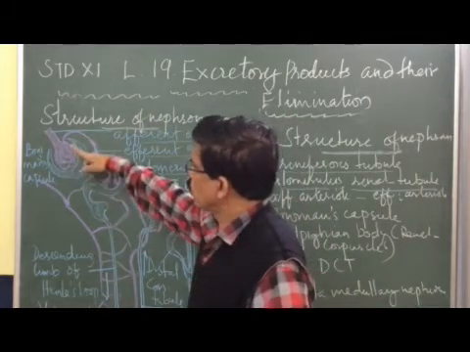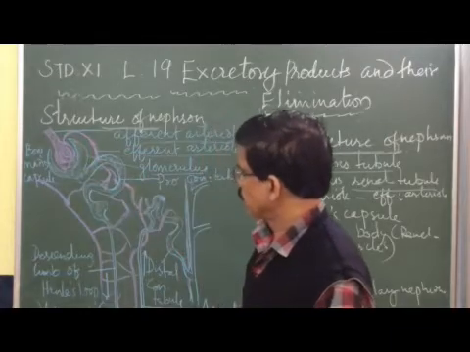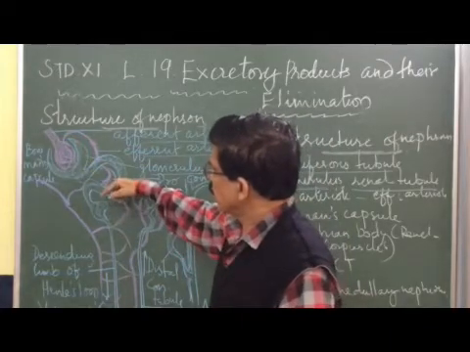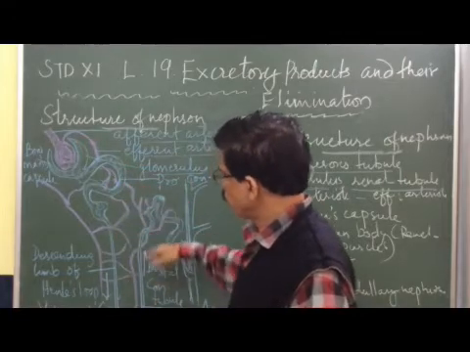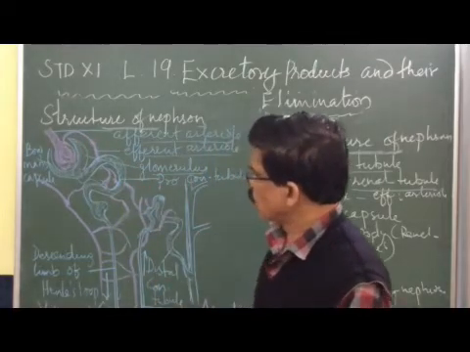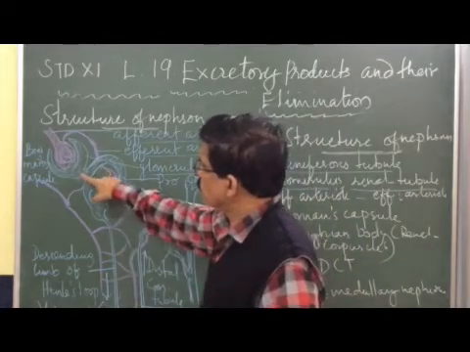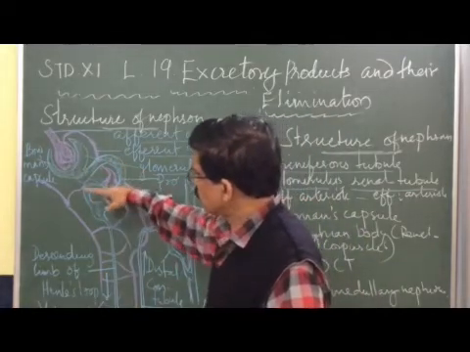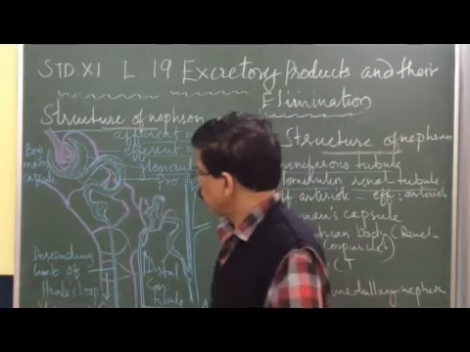After forming the glomerulus, this afferent arteriole comes out as efferent arteriole. Now you can see the efferent arteriole coils around the tubule.